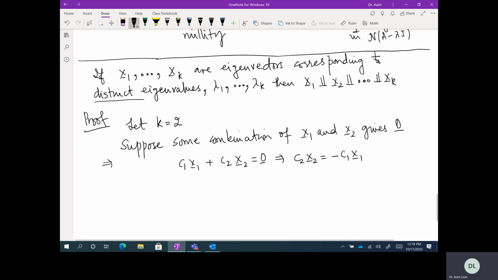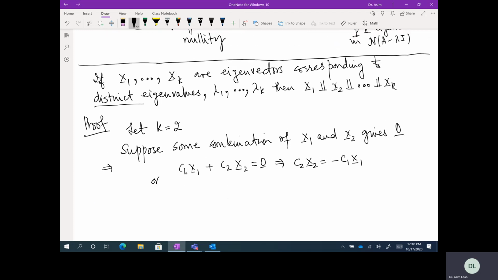If I multiply by A here, I have c1 A x1 plus c2 A x2 equal to A times 0, which is 0. A times x1 is lambda 1 x1, so this is c1 lambda 1 x1 plus c2 lambda 2 x2 equals 0.